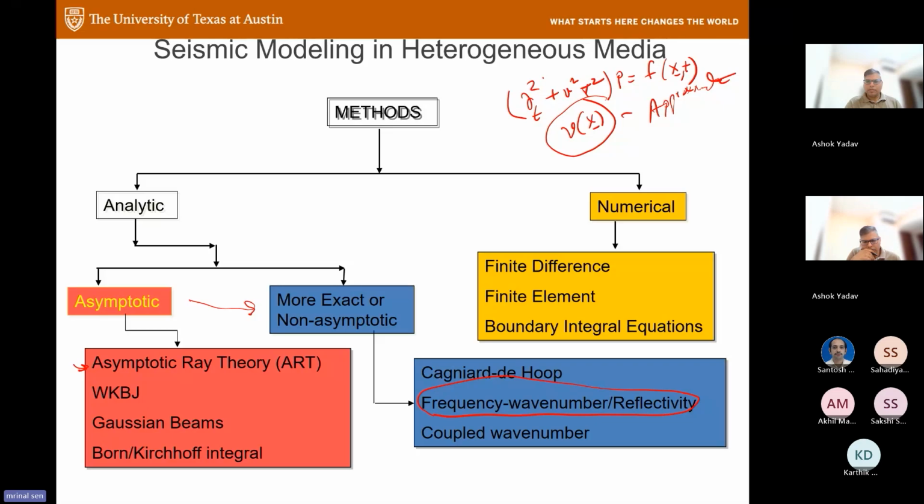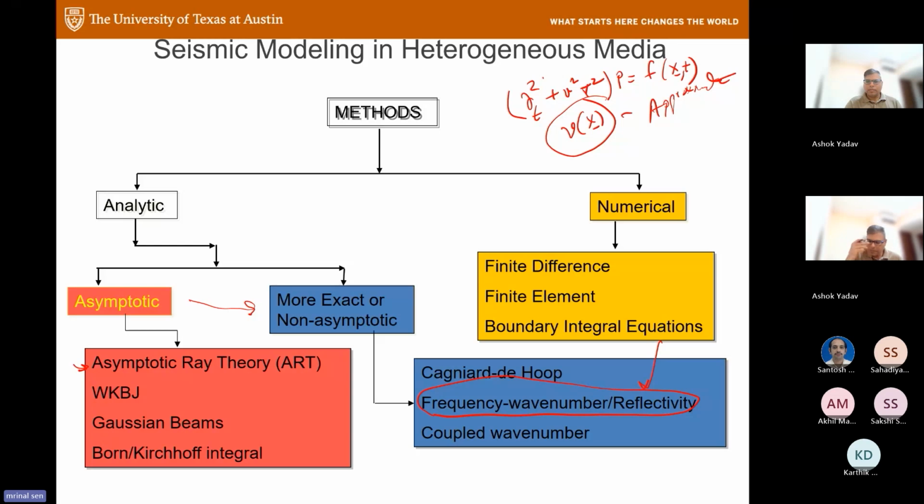On the other hand, you can also think of this as a layered medium, all flat lying layers, and then you can solve it in the frequency wave number domain, and there you have something called the reflectivity method.